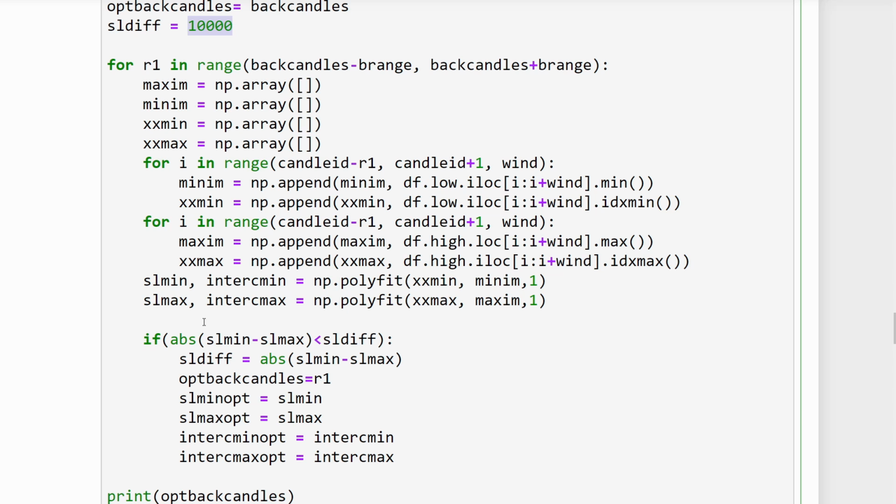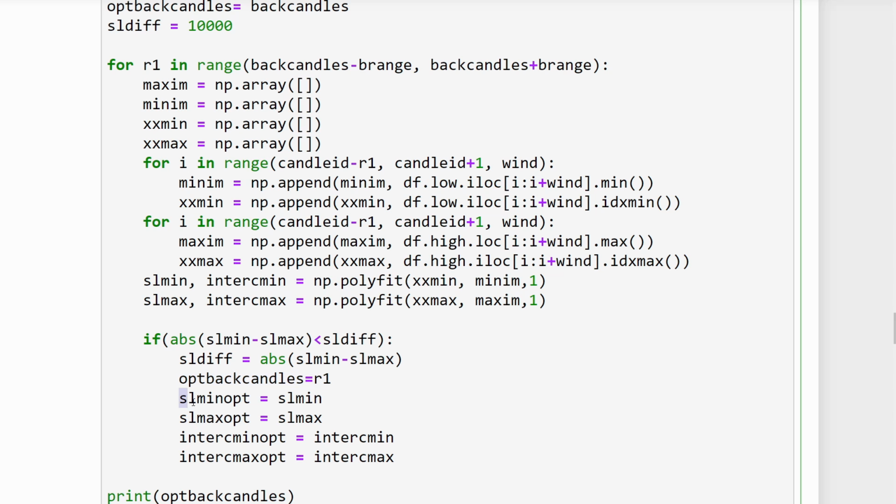So now we are going to look for this situation where we have the minimum difference between these two slopes. And the way we are doing this is that every time we test if it's the case, we define the new slope difference, which is the new absolute difference between SL minimum and SL maximum. Then we update our optimized back candles number to the current R1 value.